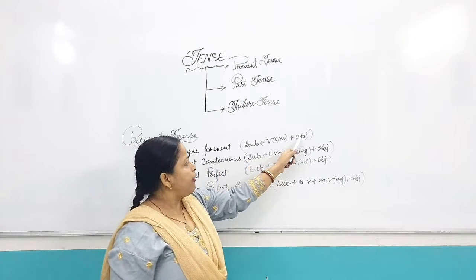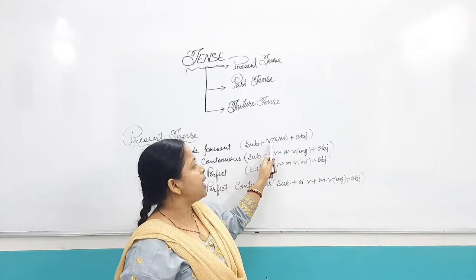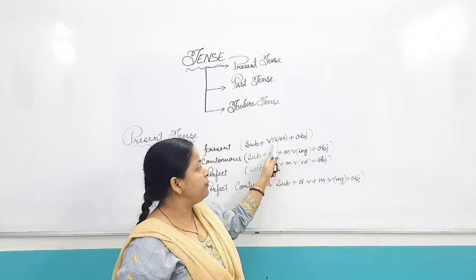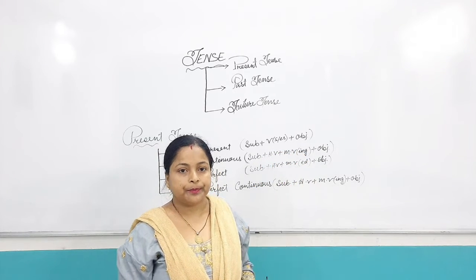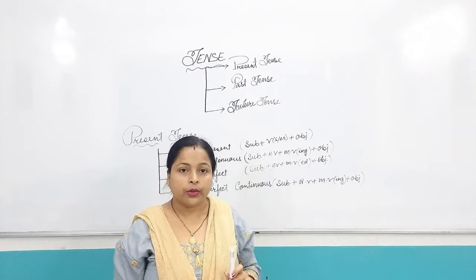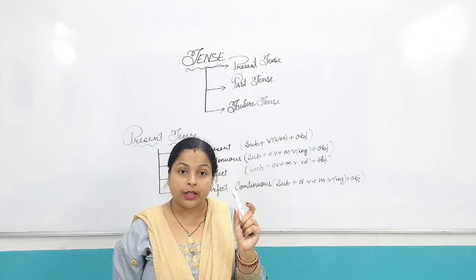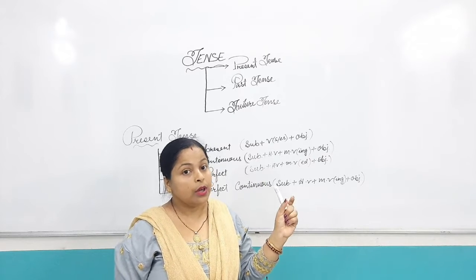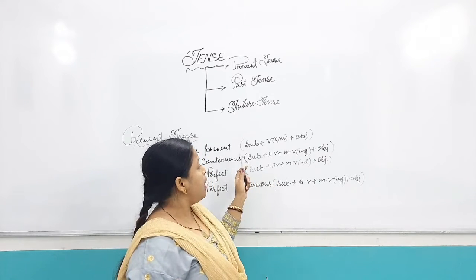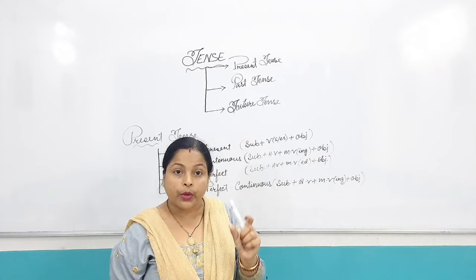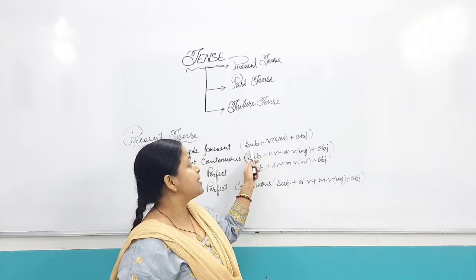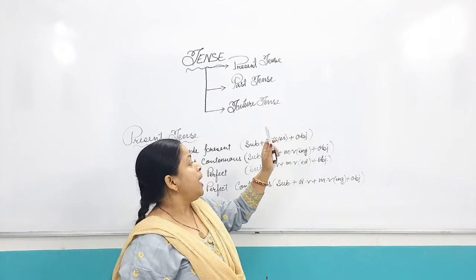So here you can see I have written subject plus main verb plus object. So subject, all of you know, for becoming a subject, a word should have the quality of being a noun or a pronoun. Means if a word is a noun or pronoun, then only we can declare it as subject or object. Verb.